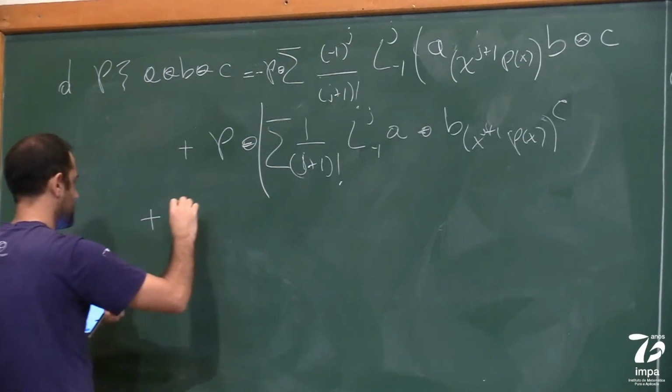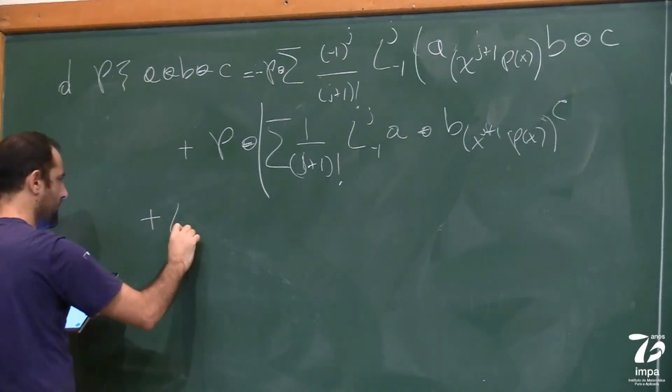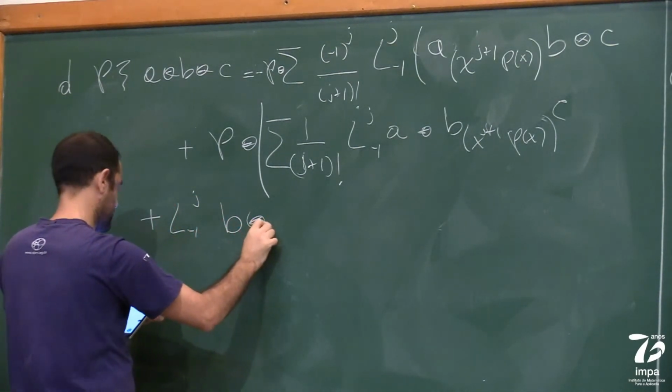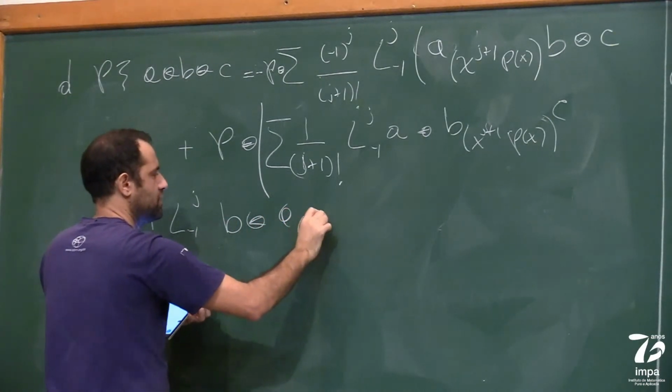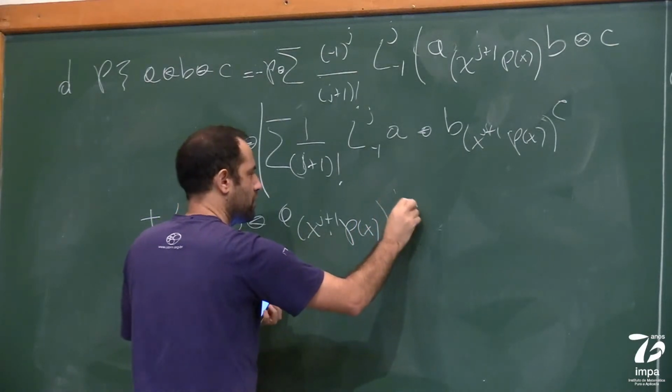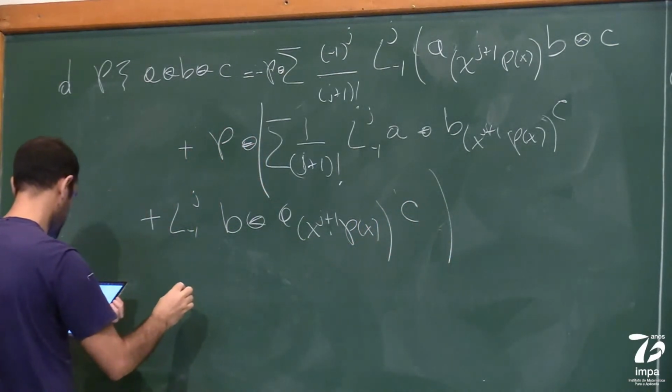Let me just take the same sum here. This is L minus 1 to the j times B tensor A x to the j plus 1 p of x, C. This looks horrible, but it has some beautiful limits.